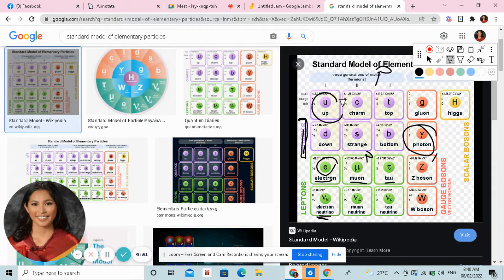And we have up quark and then we have down quark. So up quark and down quarks made up your proton. And what about your neutron? Is it an elementary particle? Dili, ma'am. Oh no, okay.